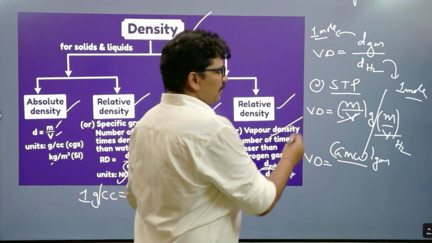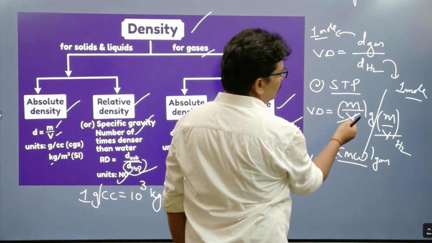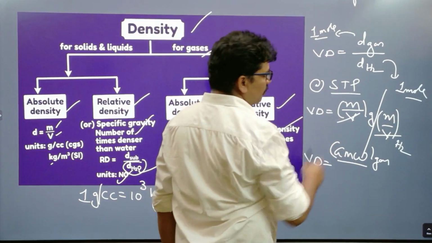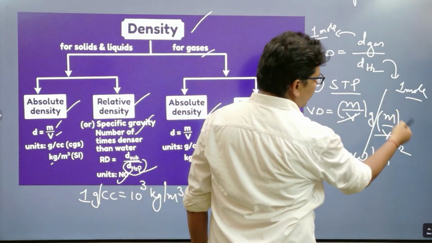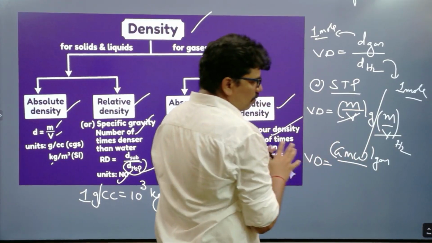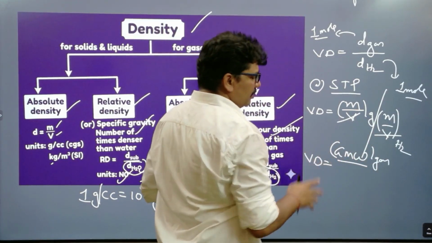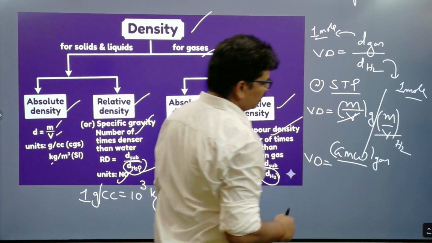Once again, vapor density is mass by volume. So mass of unknown gas divided by its volume, and mass of hydrogen gas divided by its volume. Their volumes are the same, so they cancel. What is left? Mass of unknown gas divided by mass of hydrogen gas.